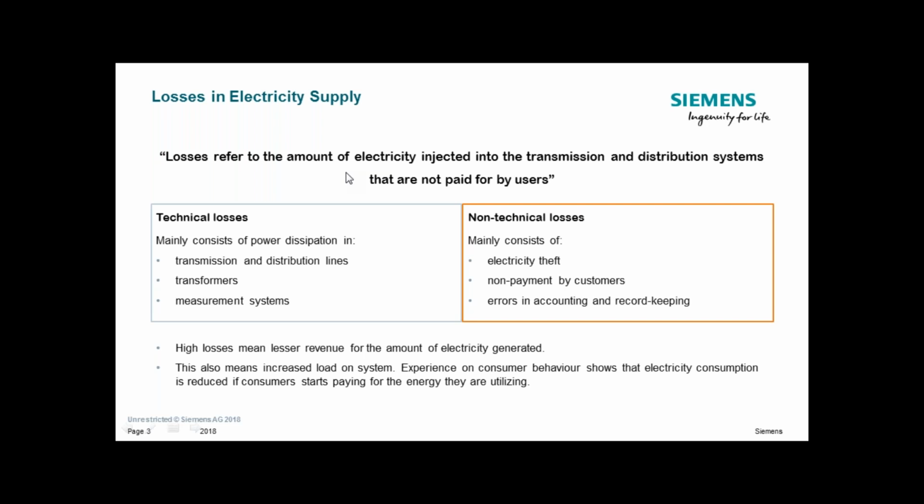This also means an increased load on the system. Experience with consumer behavior shows that electricity consumption is reduced if consumers start paying their bills on time for the energy they have used. So if they pay on time, you are indirectly reducing the burden on the system. By load, I am referring here to the financial burden.